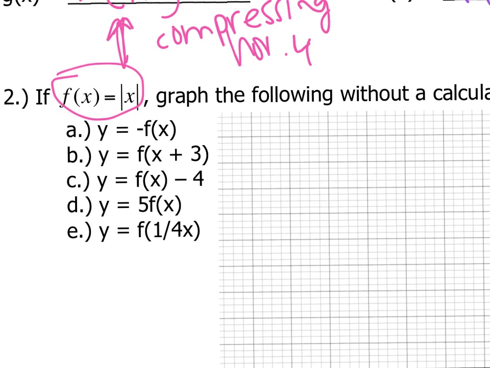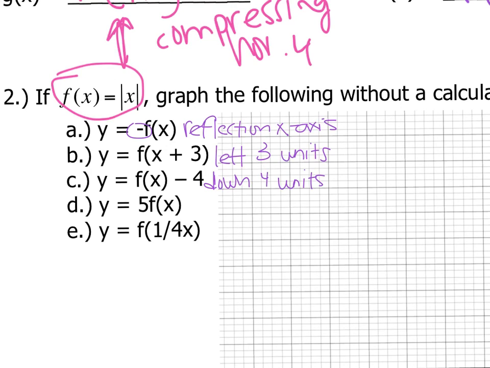Some of these we're pretty familiar with. For example, negative on the outside, this is our reflection over the x-axis. On the second one, f of x plus 3, this is a shift to the left 3 units. For part C, f of x minus 4, this is a shift down 4 units. And then D and E, this is where we're getting into our compressions and our stretches.